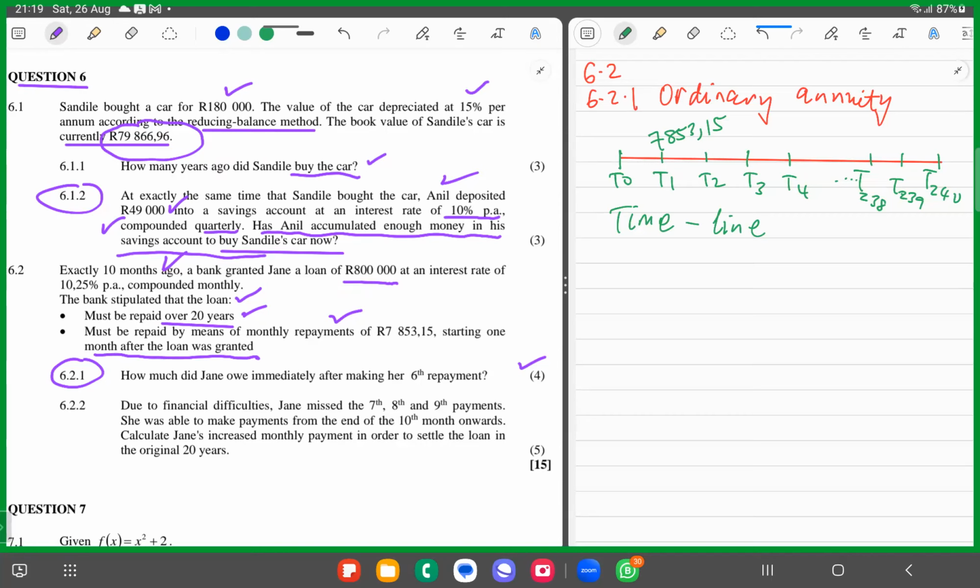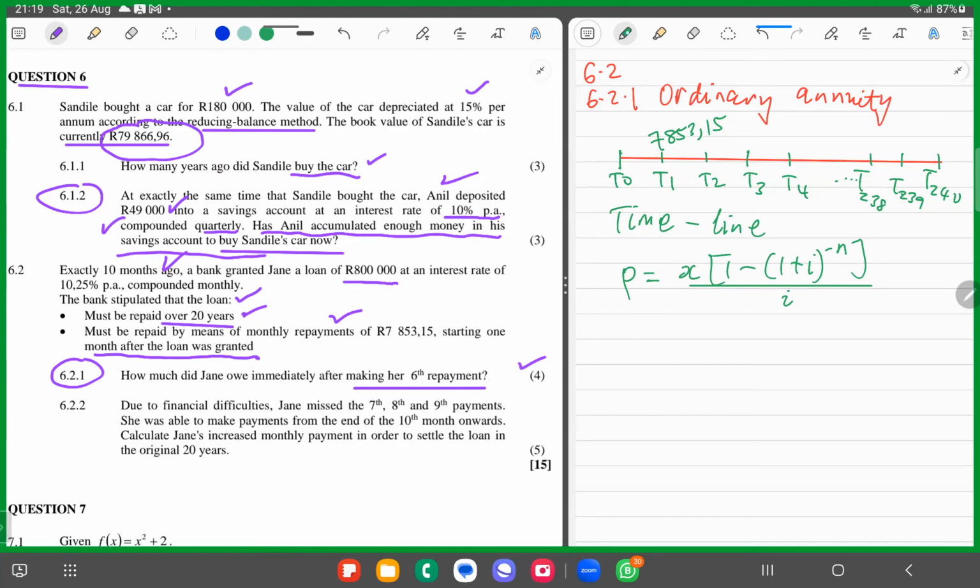It is 7,853.15. Now look at this. After making the 6th payment, how much did Jane owe? In other words, we're looking at present value. The present value formula is at the back of the exam paper: x times 1 minus (1 plus i) to the minus n, divided by the interest rate i.